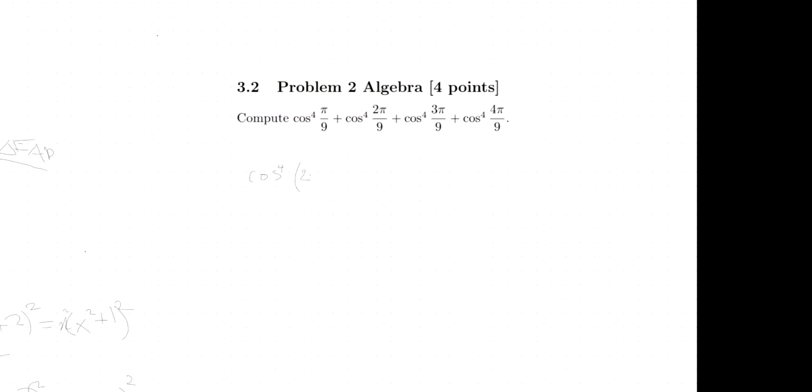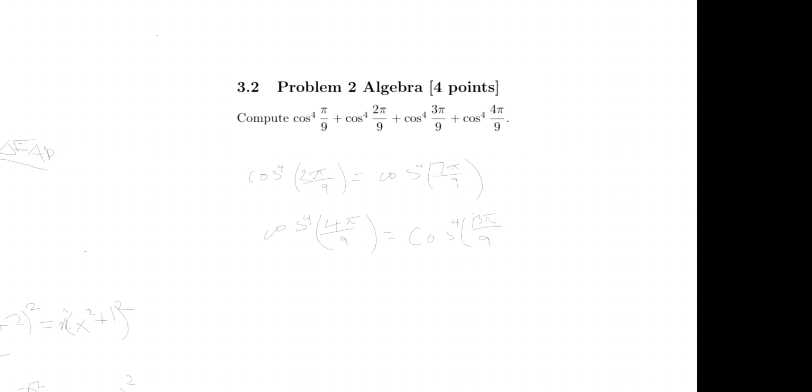Cosine to the 4th 2 pi over 9 can be written as cosine to the 4th 7 pi over 9, and also cosine to the 4th 4 pi over 9 can be written as cosine to the 4th 13 pi over 9.